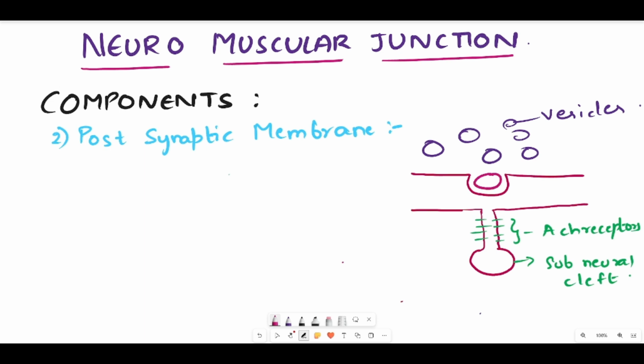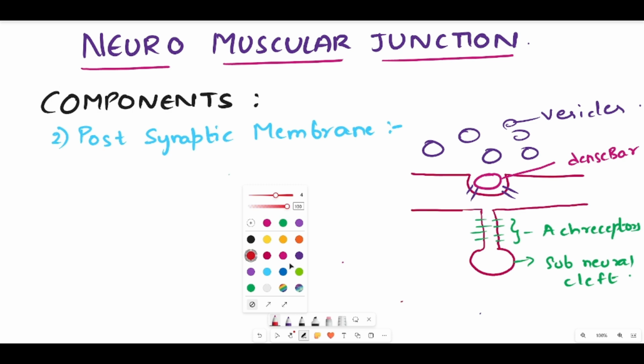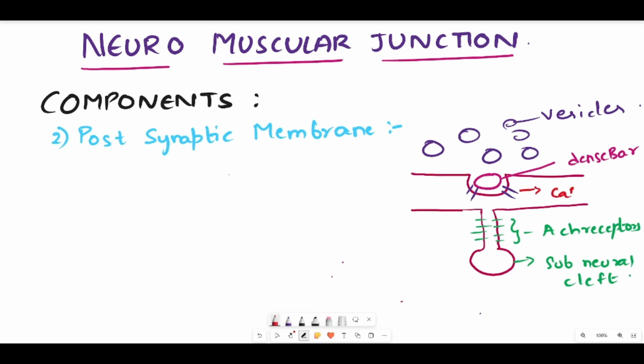And here we will be having one structure which is called the dense bar. Then here also we will be having a few channels. These channels we will be calling the calcium channels. And this area we will be calling the basal lamina.